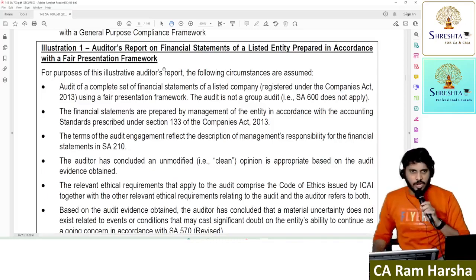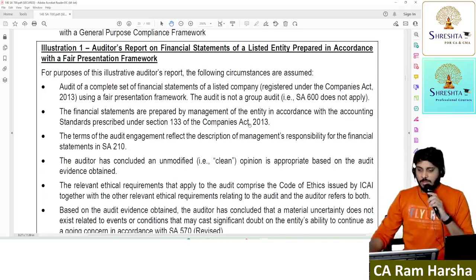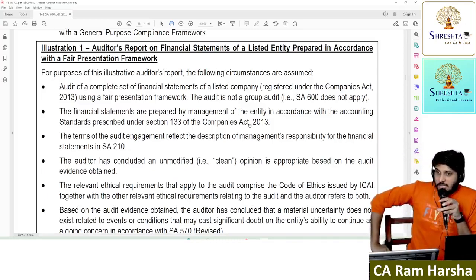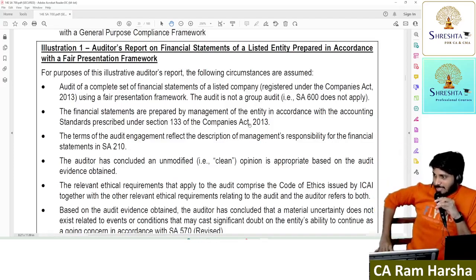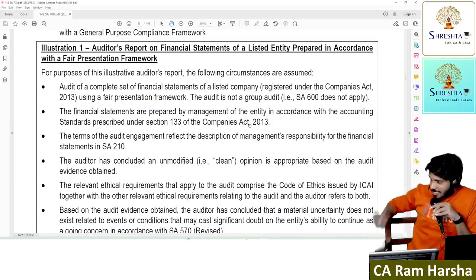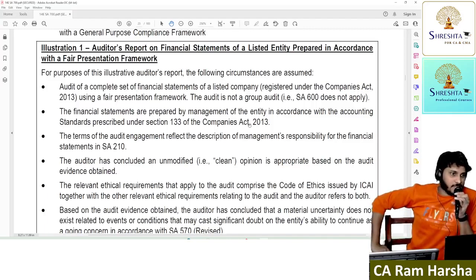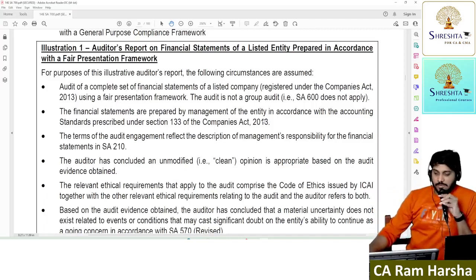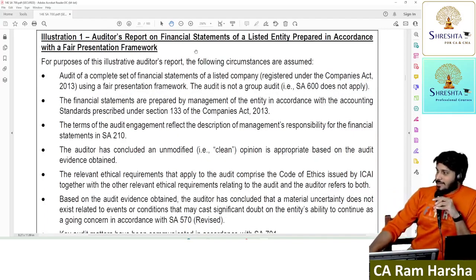For unmodified opinion, 1 illustration is enough, because they give illustrations for a fair presentation framework, how to give an audit report; a listed entity with a fair presentation framework; a non-corporate entity with a compliance framework. Like so many were there. We can't discuss all that in a marathon or revision class. If you want, I'll discuss, but I'll ignore some 5 or 6 chapters, no problem.